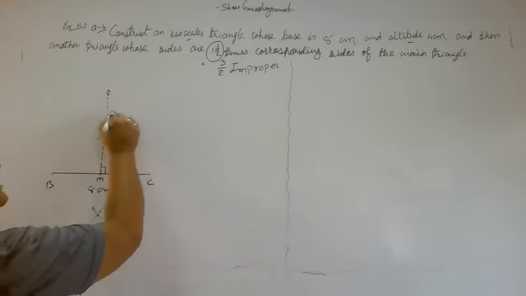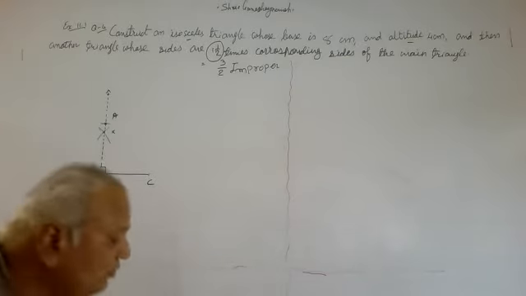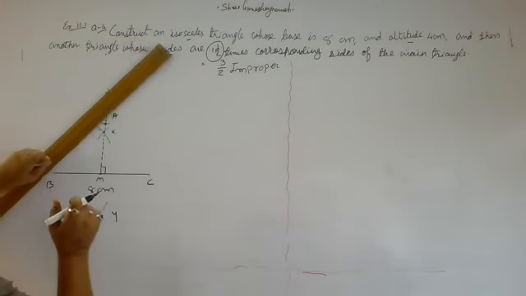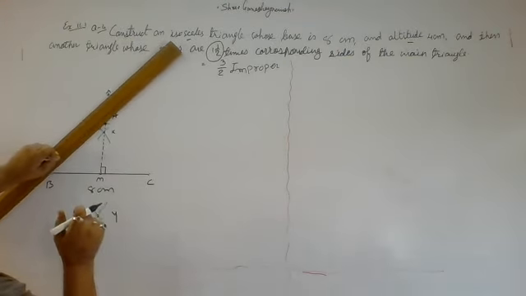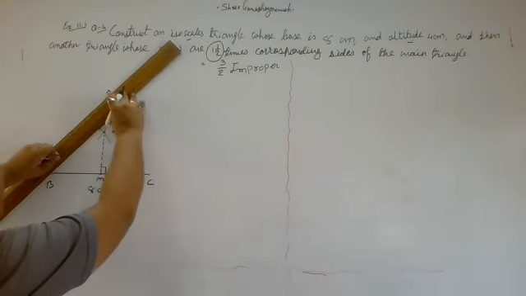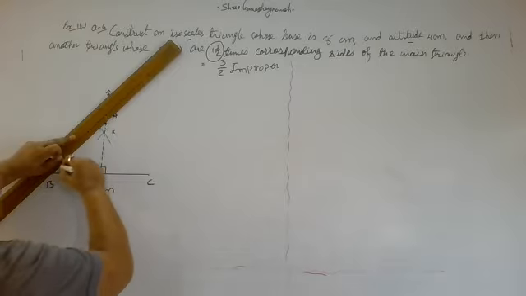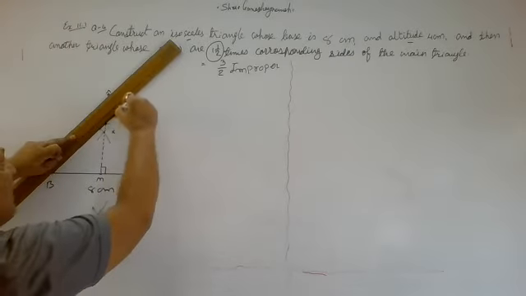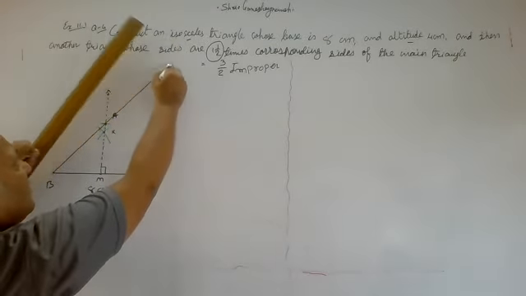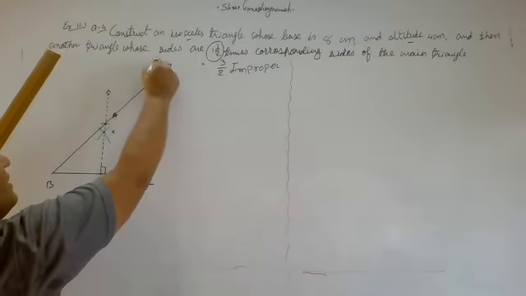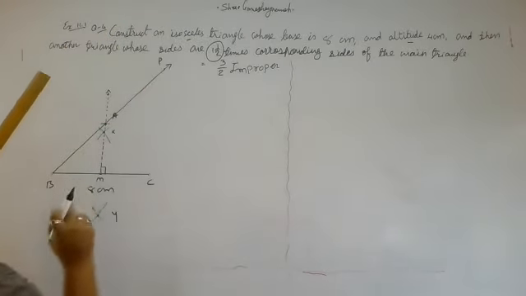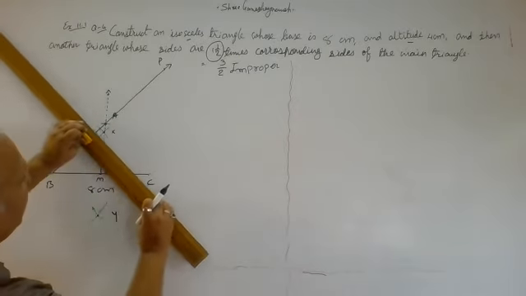Let it be A. Now we have to join AB and AC, but we should keep in mind that another triangle will be bigger than the main triangle. So it is AB and we have to extend further. So here may be P. Now we have to join AC.